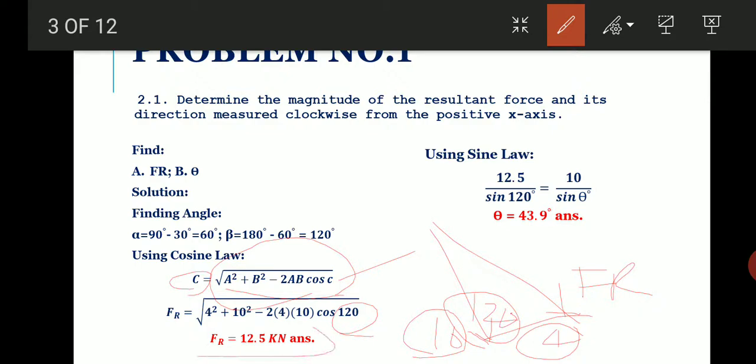So we get the resultant force of 12.5 kilonewton.